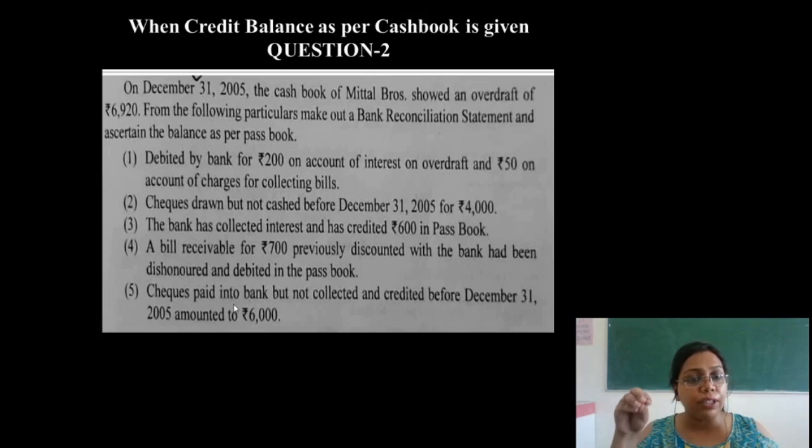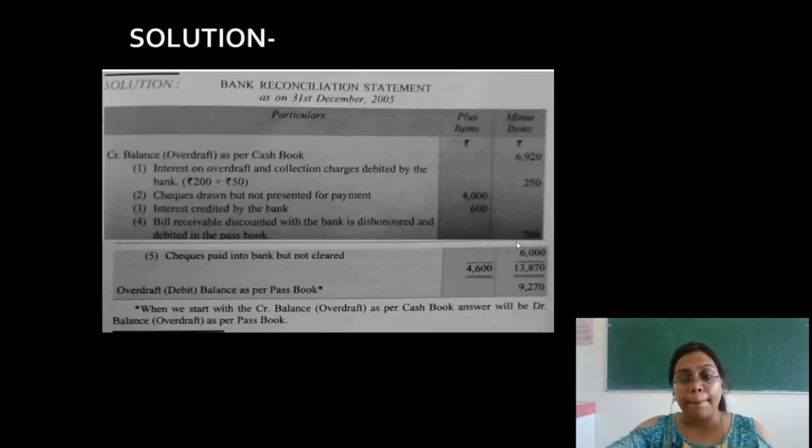While paying the check to the bank, I would have increased my bank column with this amount, 6,000 rupees, in my cash book. But actually this amount has not been credited to my account. So I will deduct this 6,000 rupees from my bank column, and from my BRS as well, and write this 6,000 rupees in my minus items.